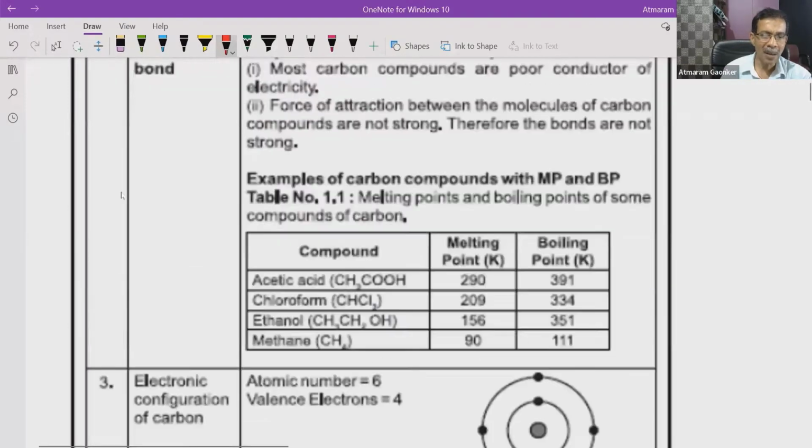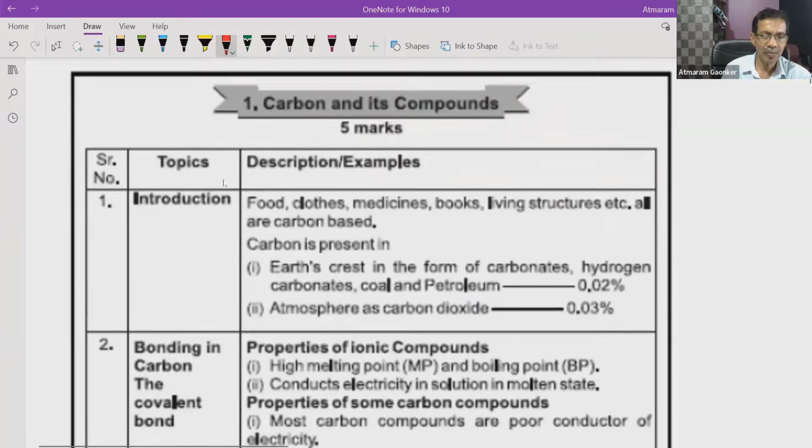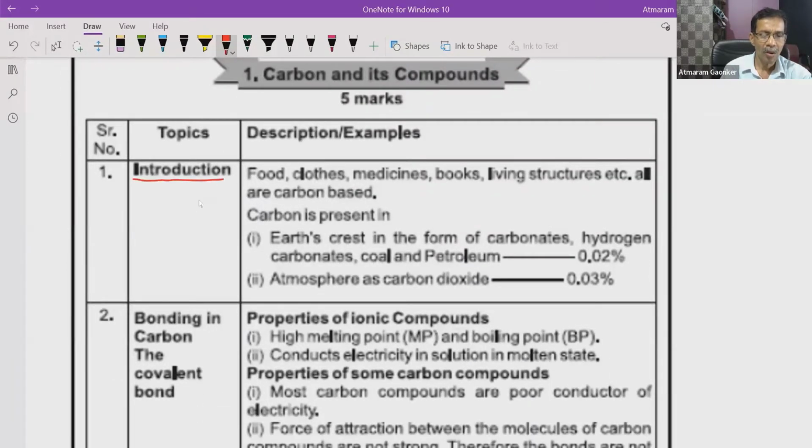The first part is introduction. Everything we see in the world is a carbon compound or carbon based. The foods that we eat, the clothes that we wear, medicine, books, living structures, etc. are all carbon based.